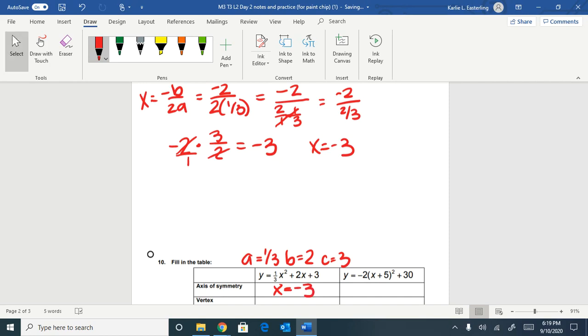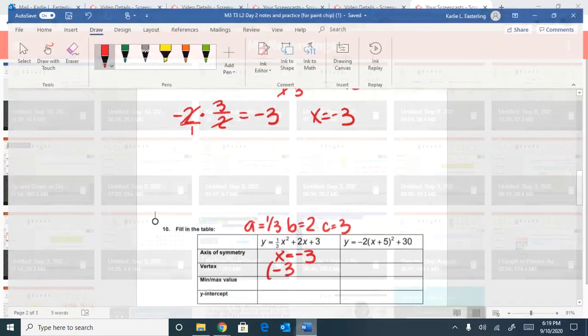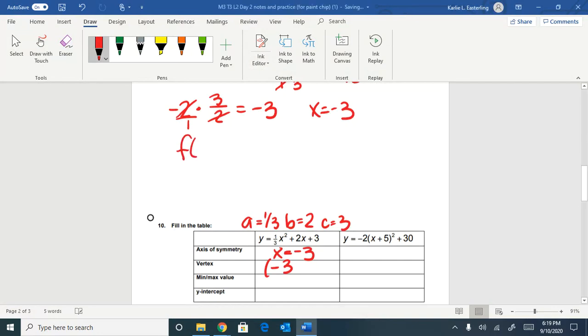That axis of symmetry is also giving us the x value of our vertex, so we can go ahead and write that down as well. At this point you then have to plug in negative 3 into that equation to find our y value. As with some of the points from the previous lesson, that's a way you can find any point on this graph by plugging in an x value. So we're looking at f of negative 3, which equals 1/3 times negative 3 plus 2 times negative 3 plus 3.